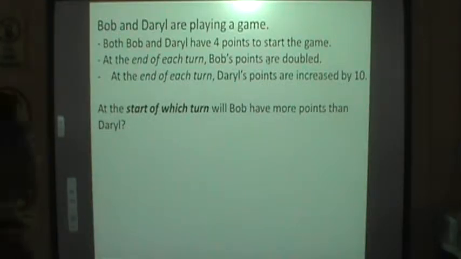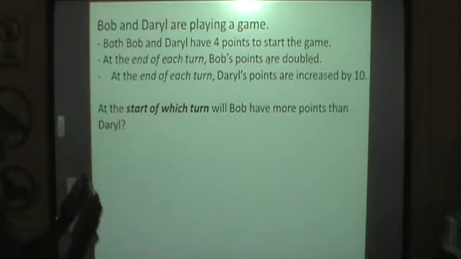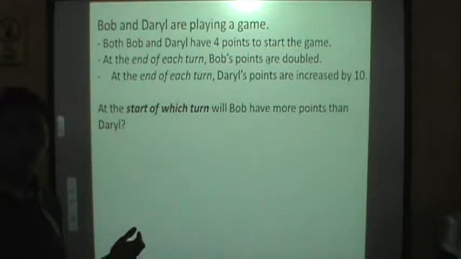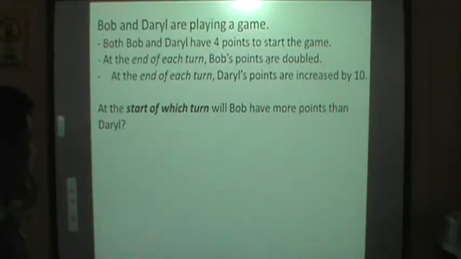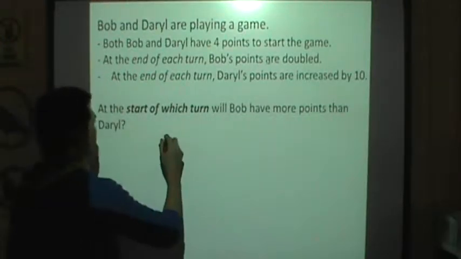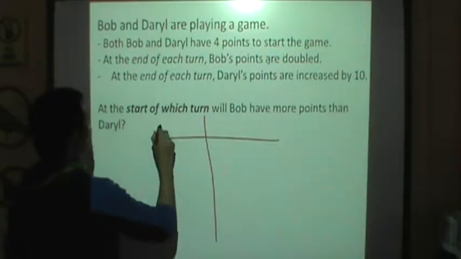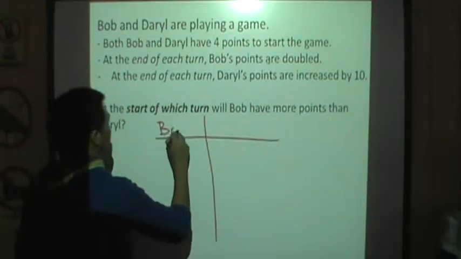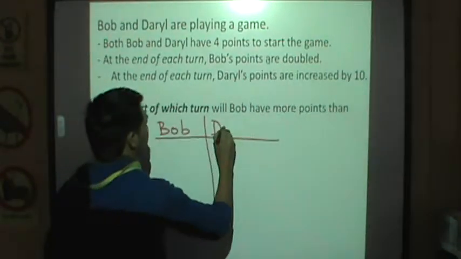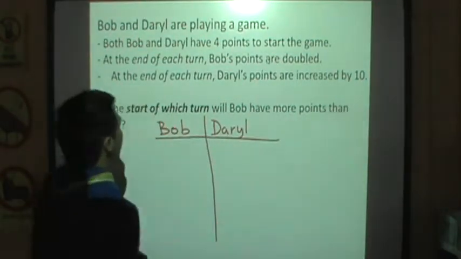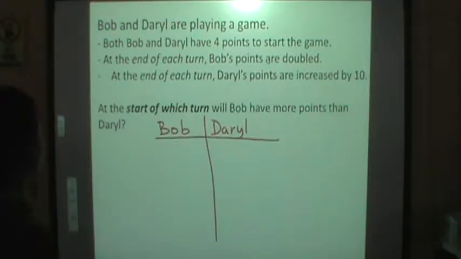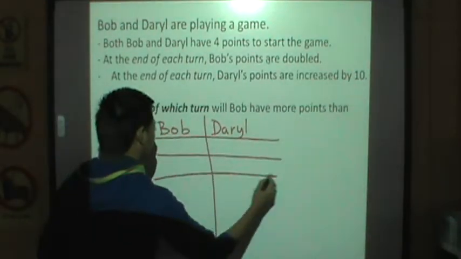Okay, now once again, if you do not read the problem and you don't understand the problem, then you're not going to be able to answer it. So here we're talking about Bob and Daryl, so I'll go ahead and make a table for Bob and Daryl's points.